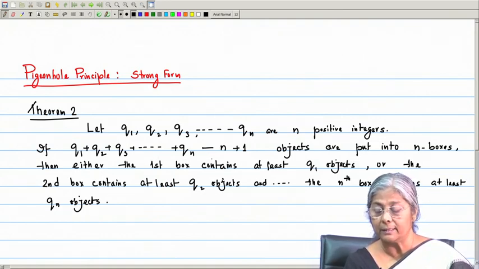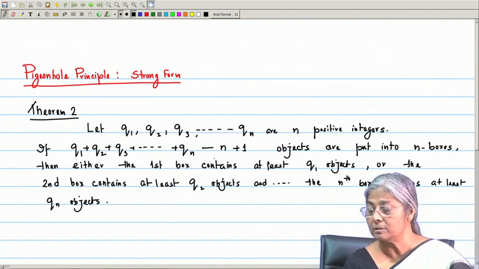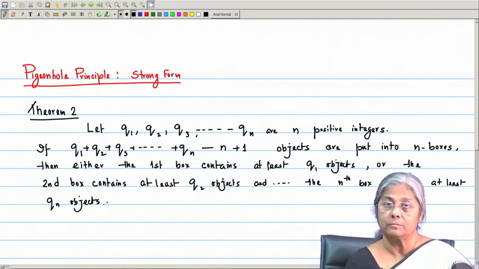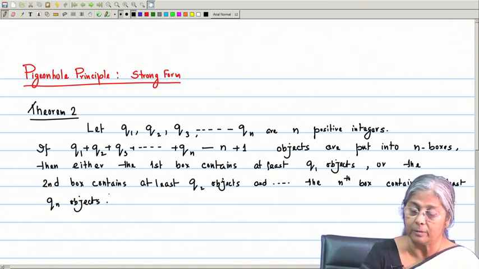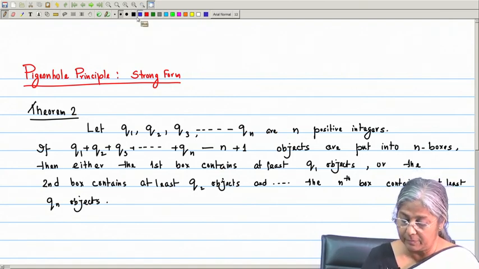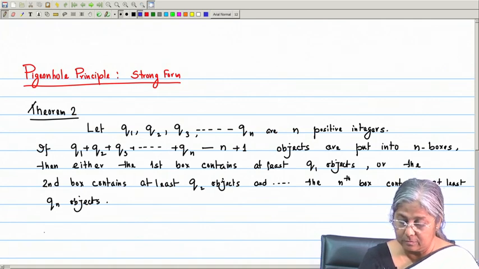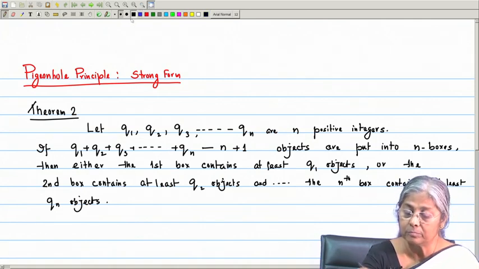In this way, the nth box contains at least qn objects. Now, how can we prove this?